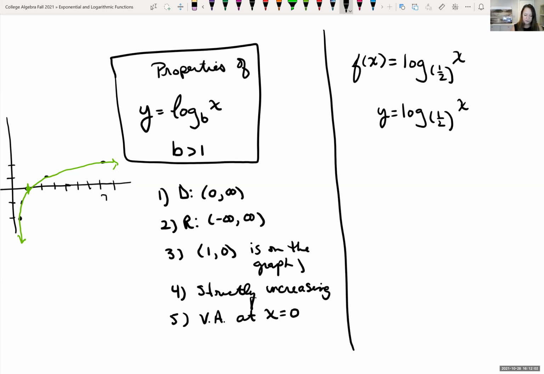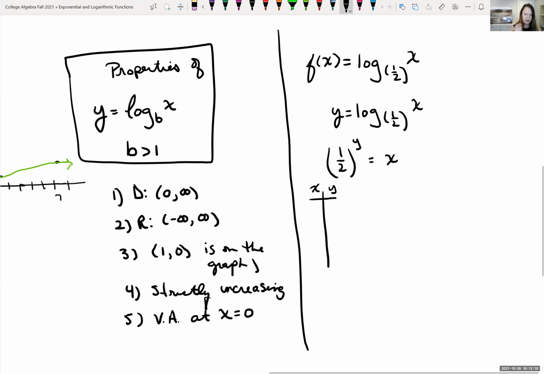In exponential form, we're taking the base of our log, which is 1/2, and raising it to what was on the other side, y is equal to x. Again, if we plot points, but this time instead of choosing values for x and solving for y, we're going to do the opposite. We're plugging values in for y and solving for x.